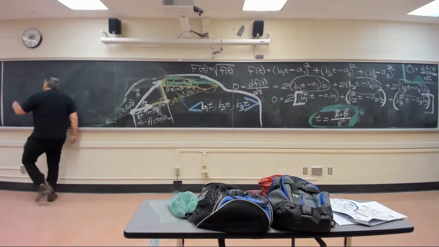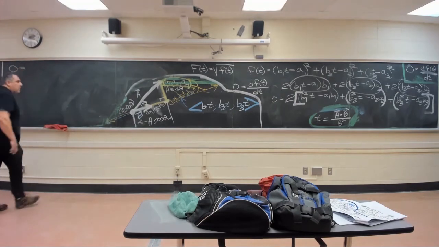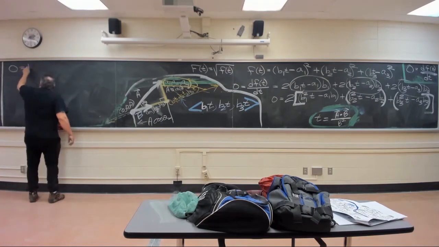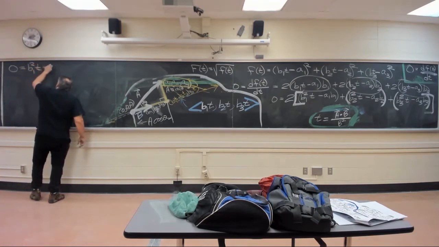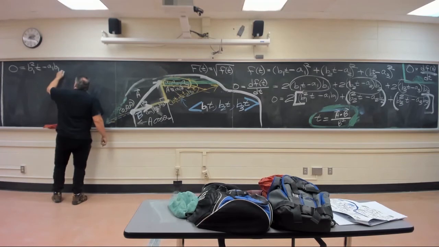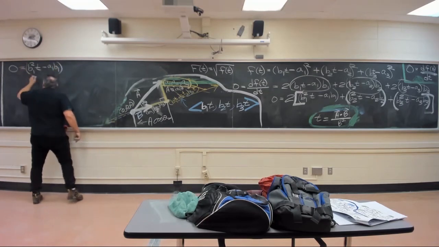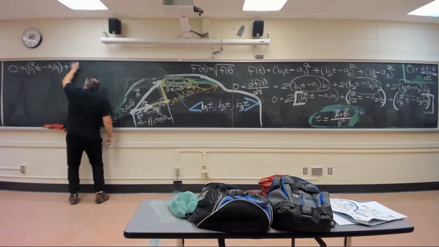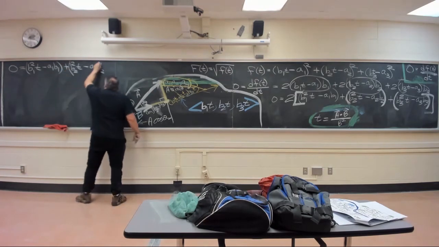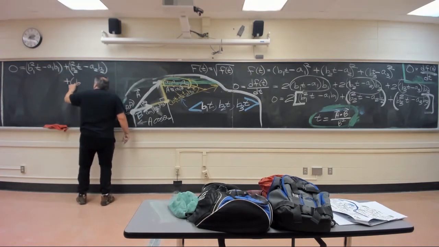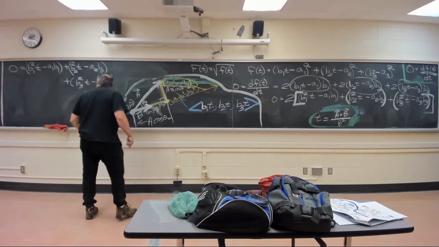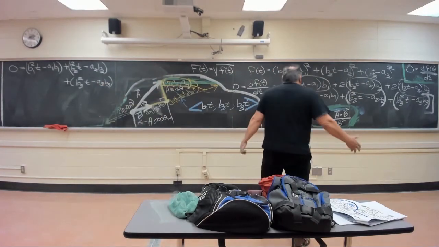And what we end up getting is 0 equals B1 squared t minus A1 B1, plus B2 squared t minus A2 B2, plus B3 squared t minus A3 B3. Yeah, looks pretty good to me.